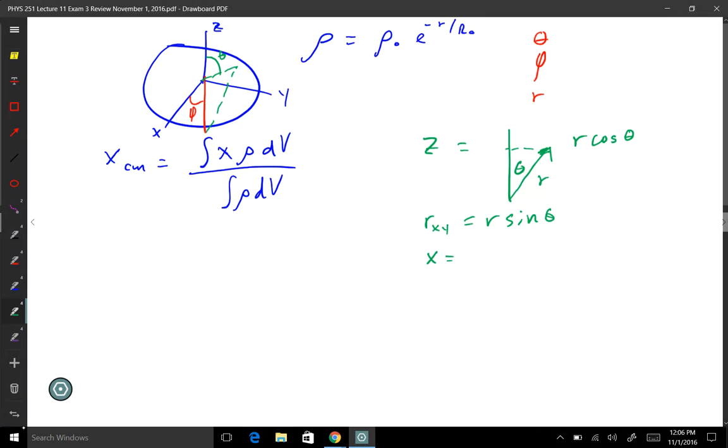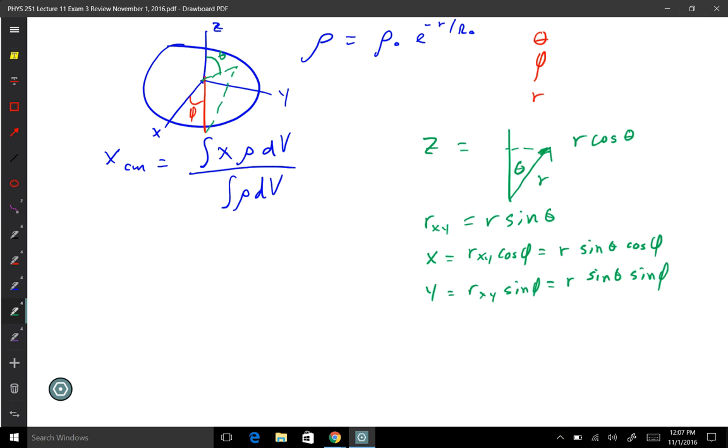So I will have x, and finally the y will be r sine theta sine phi, and so those are what I have to put in for finding the x component, the y component, and the z component.